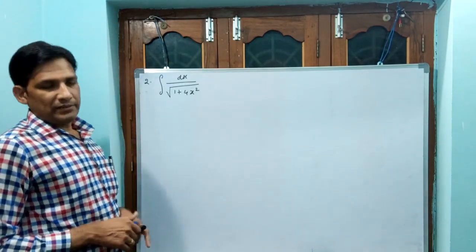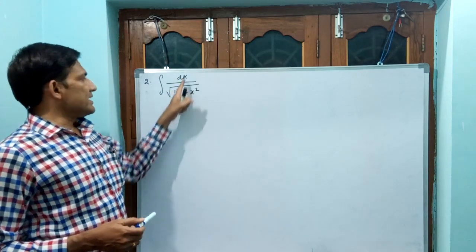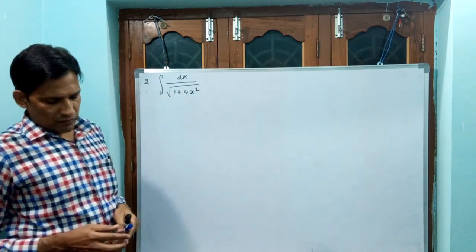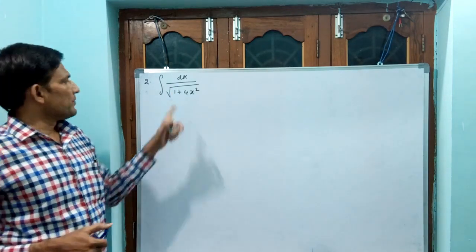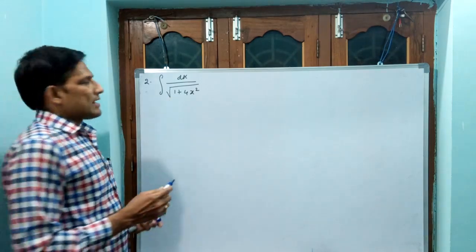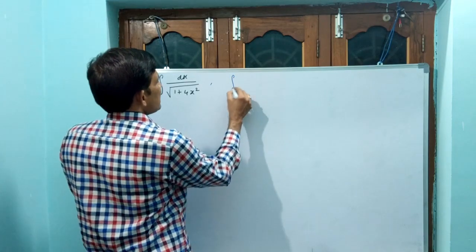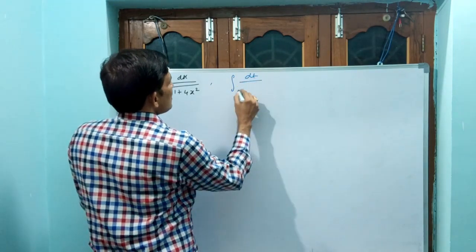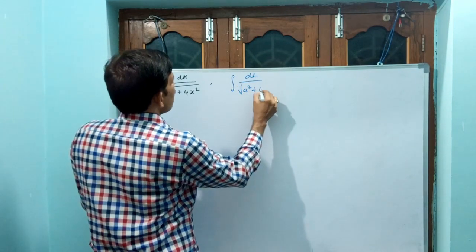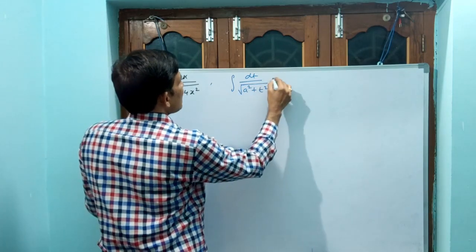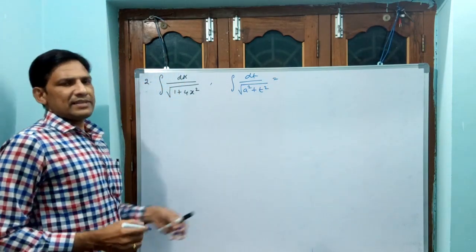See the second question: integral dx by square root of 1 plus 4x square. We know one formula. In terms of t, I am writing: integral dt by square root of a square plus t square is equal to, I have changed x as t.